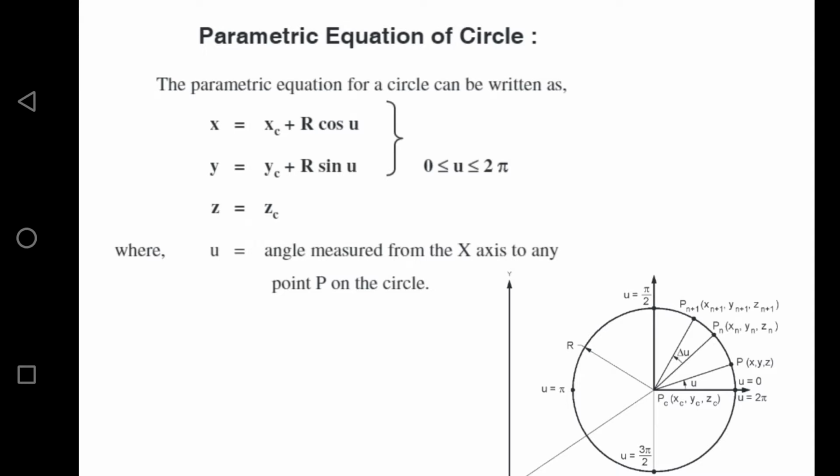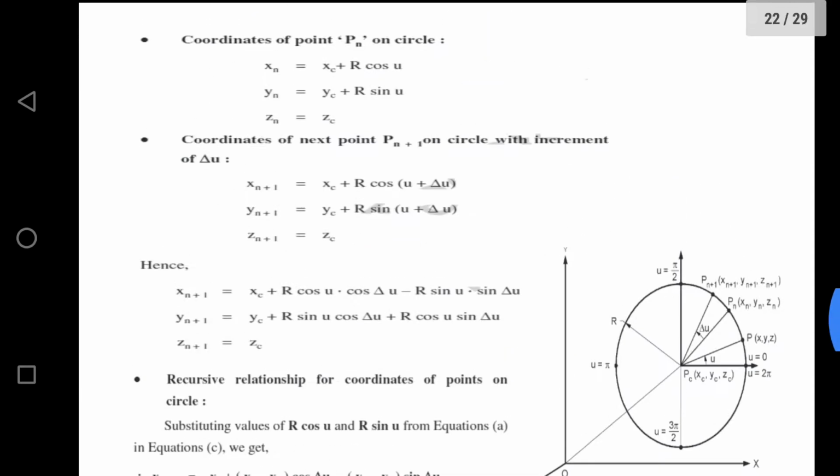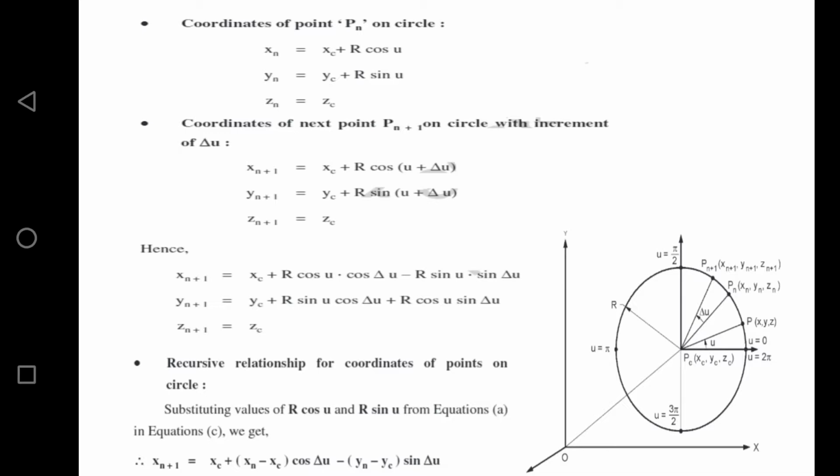So next comes, this is a simple parametric equation of a circle, but what happens, we need to compute the trigonometric functions in the equation for each point, that is each value of u. Well, we have at least 360 values of u.